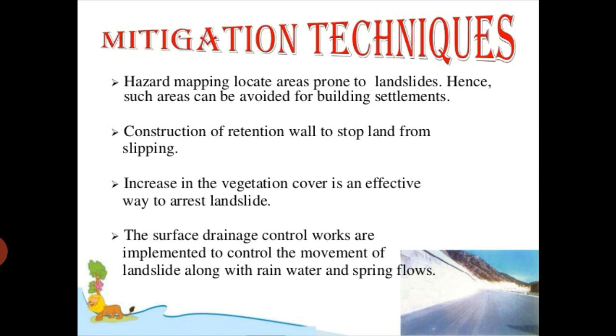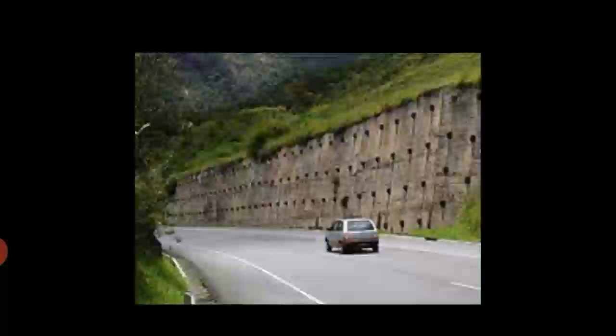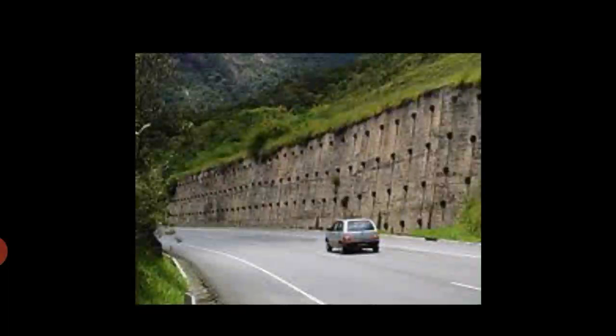Okay. Now another one is the retention wall. As you can see in the picture, there is a wall that is built on one side of the road. That is said to be a retention wall, or you can say a protection wall. A protection wall can be built in order to prevent the sliding of the rocks and the debris downside.